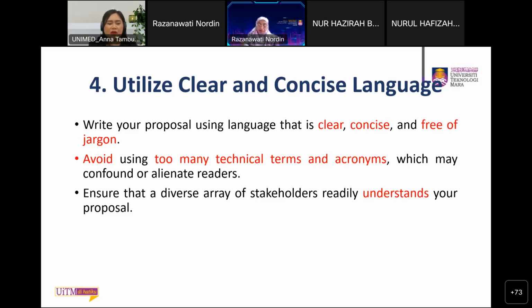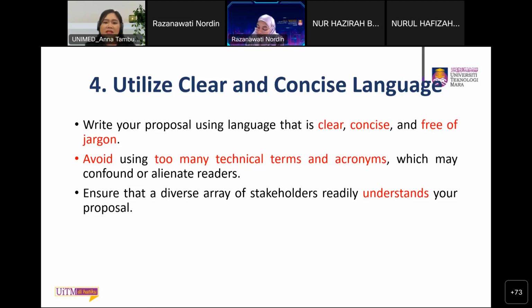So you should avoid using excessive technical terms and acronyms that may confuse or alienate readers or the audience. So you have to make sure your proposal is easily understandable by a wide range of stakeholders.